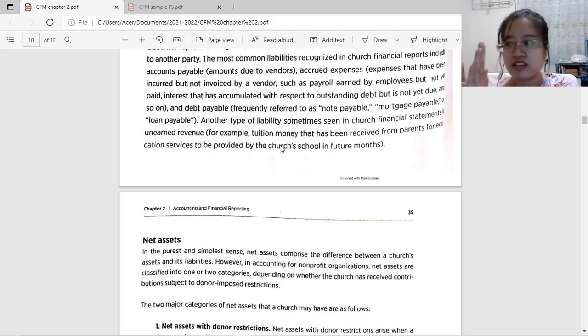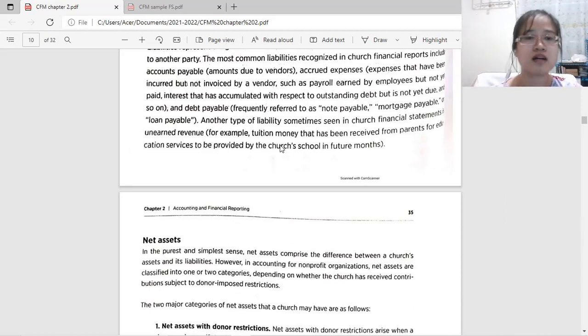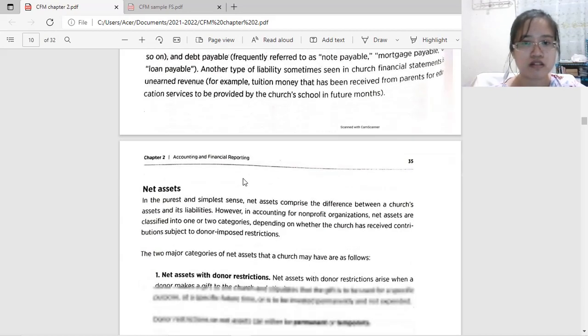At the end of the trimester, the lessons have been delivered, so the revenue would now be recognized as income of the school and no longer an obligation, because the obligation to render the service has already been fulfilled. But at the beginning of the trimester, if a student pays in full, that is recorded as unearned revenue. The service is yet to be rendered, right?